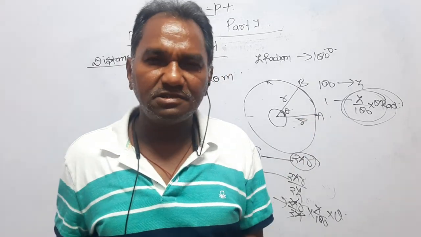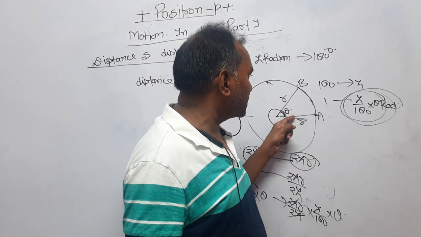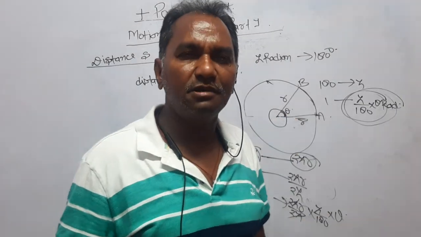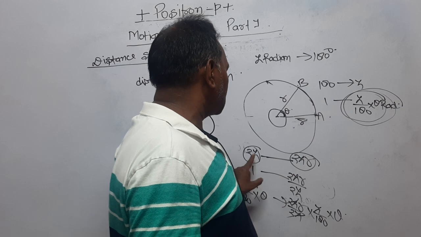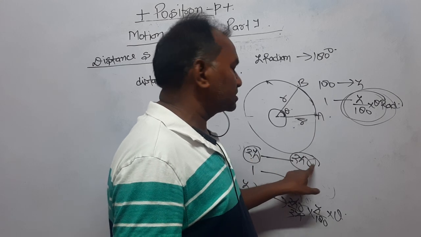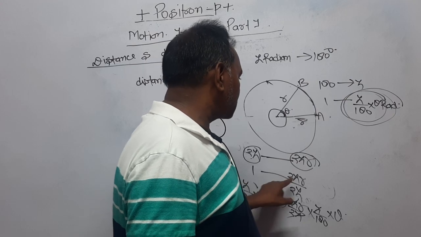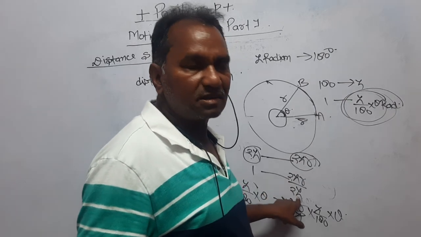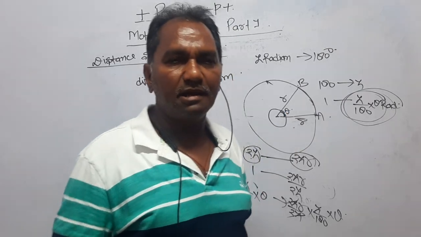In one complete cycle, the distance covered will be 2 pi r, and in the meantime the angle sustained at the center will be 2 pi. Means 2 pi angle is created when it covers the distance 2 pi r, so for 1 radian, the distance covered is 2 pi r upon 2 pi. Now it is making a theta degree angle here.